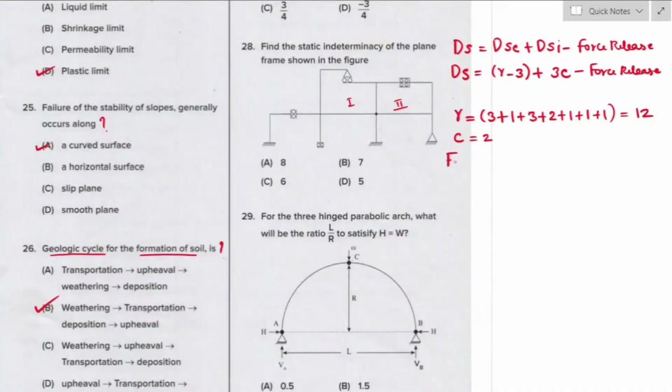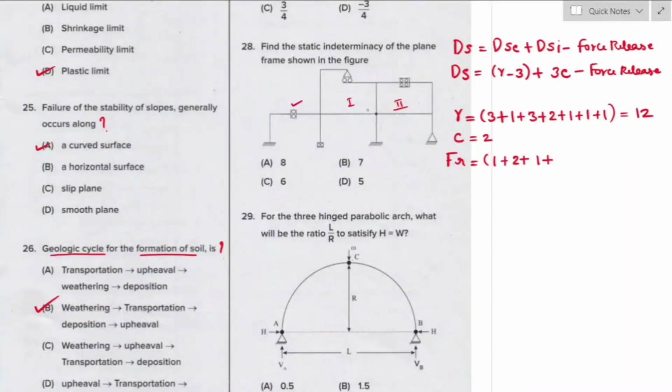Number of force releases will be, for this internal support it will be 1, that is shear force. For this internal roller the number of force releases is 2. One is axial force and another one is bending moment. For this type of internal roller the number of force releases is 1, that is axial force.